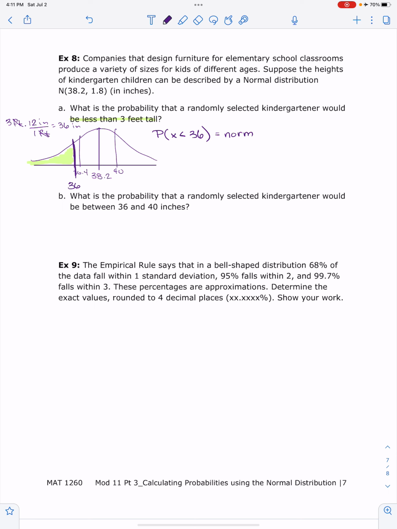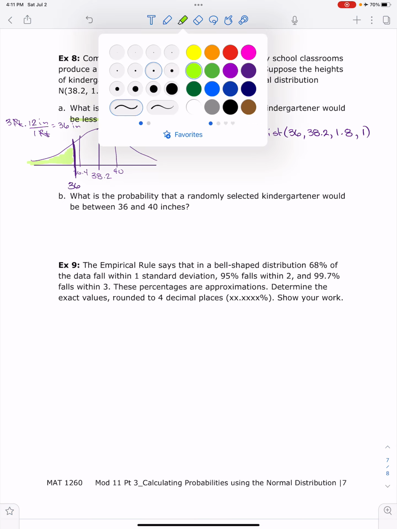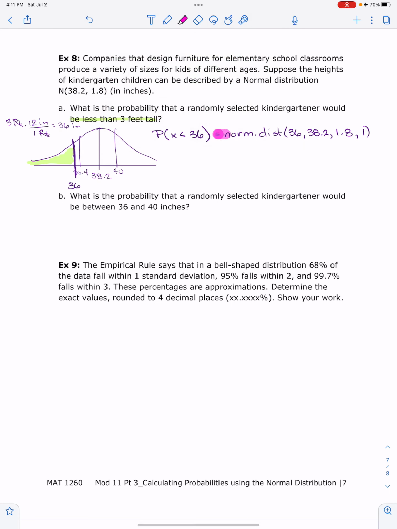In Excel, norm.dist. Here's my 36 inches, my mean of 38.2, my standard deviation of 1.8, and my normal cumulative response there of 1, or true, 0.1108118.